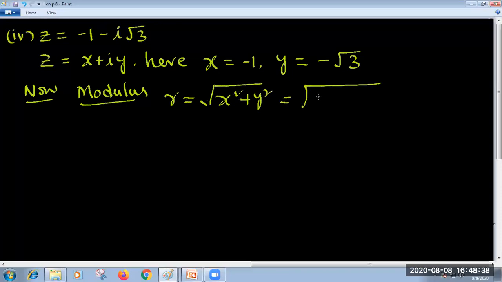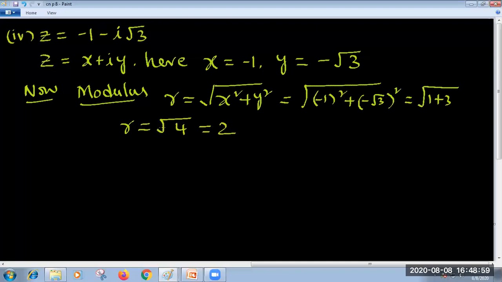So here, minus 1 square plus minus root 3 square, that is equal to 1 plus 3. So r value is root 4, that is, modulus is 2.